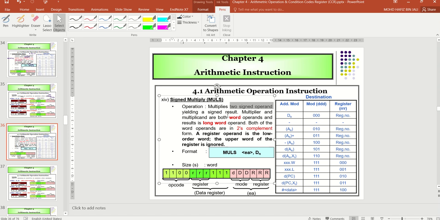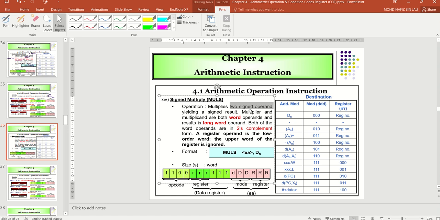The multiplier and multiplicand need to be in word size, but the result needs to be a long word operand. Both of the word operands are in two's complement form. A register operand is the low order word. Same here, you only take the word size. The upper word of the register is ignored.